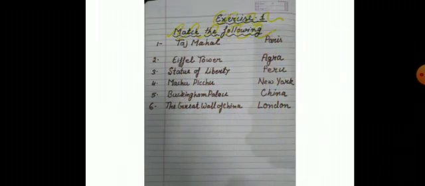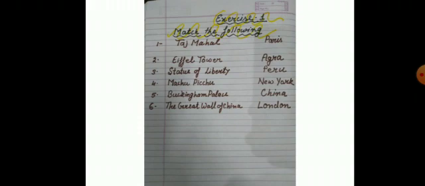Be ready. See, in this picture, at the one side, it is written the name of the different monuments or the places that we have just visited, like Taj Mahal, Eiffel Tower, Statue of Liberty, Machu Picchu, Buckingham Palace, and the Great Wall of China.